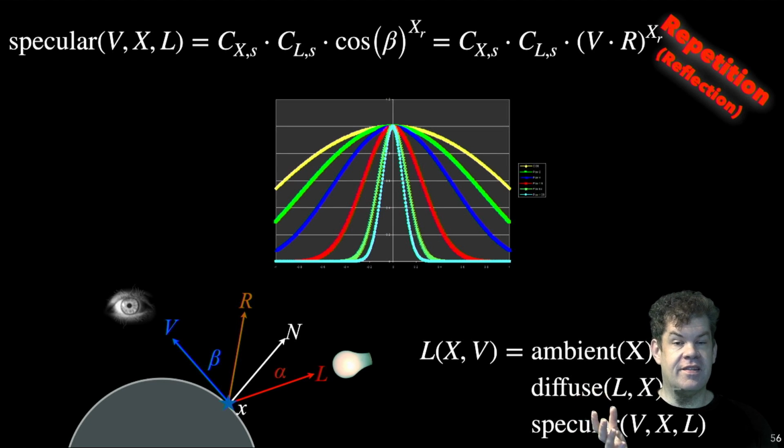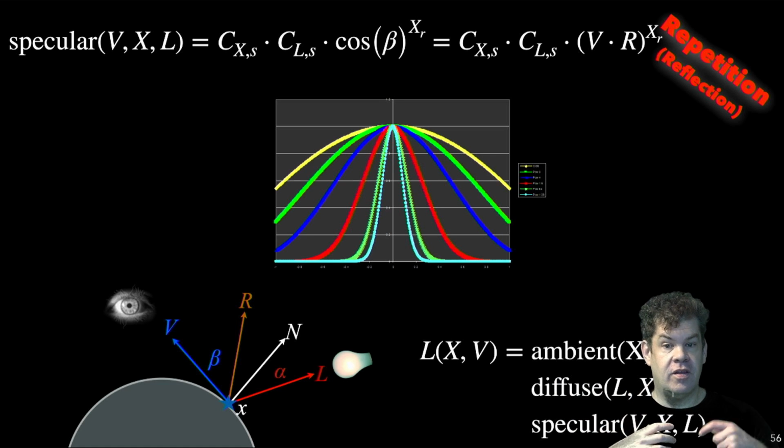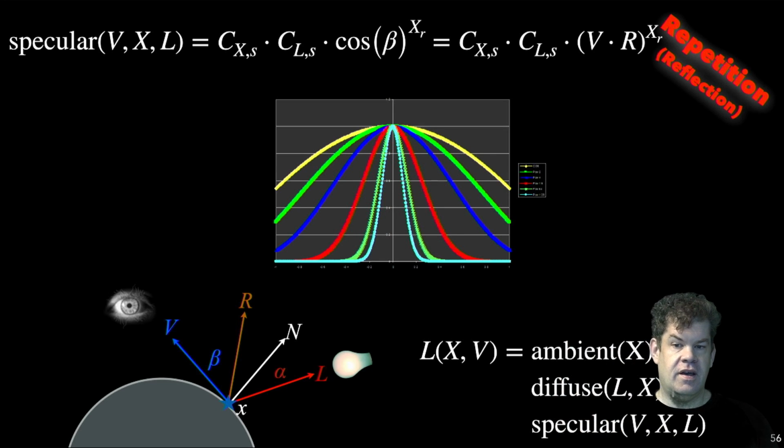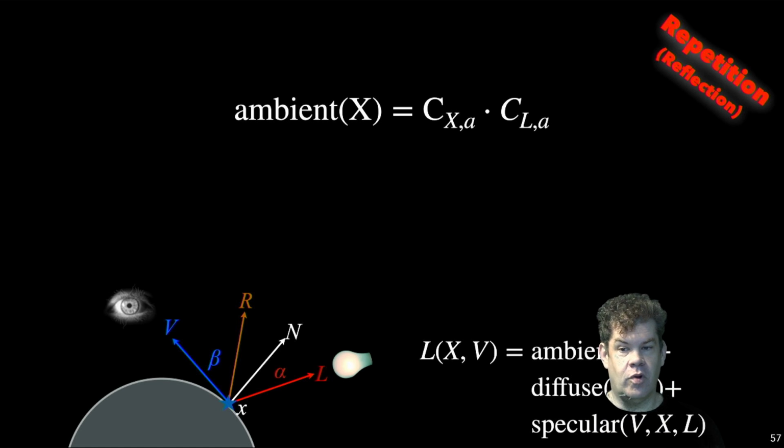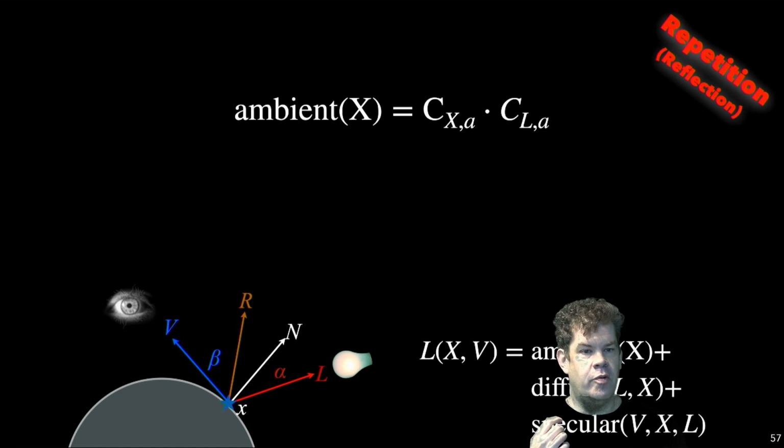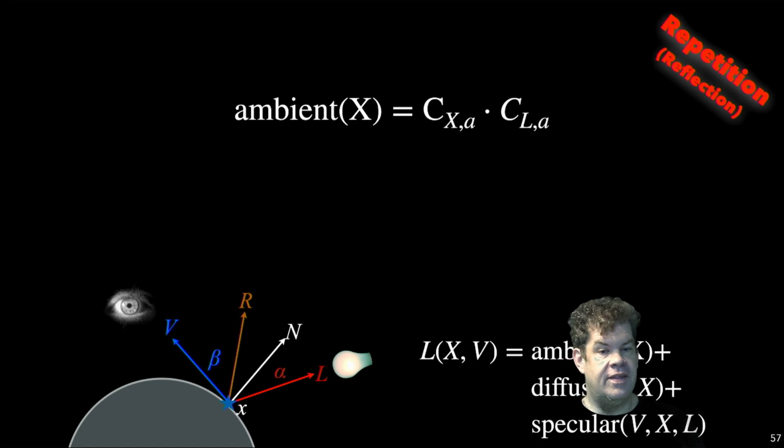Adding is always a bad idea when you don't weight things, because it means that you can go out of range. So this idea of adding two terms is always a little bit sketchy, to say the least. Then the next thing that we do is add yet another, even more sketchy term. And what do we add? We add something that we call ambient, and that's just a constant.